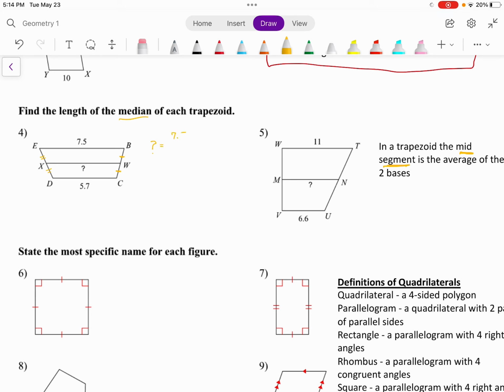Well, how do you find the average? Add those two things together, and you divide by 2. So that's 13.2 divided by 2, and you can divide that on a calculator or off to the side, and we get 6.6.